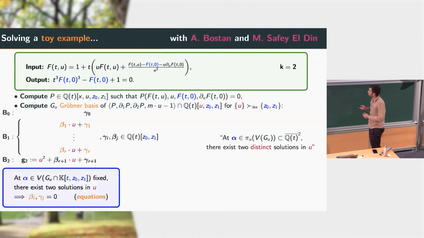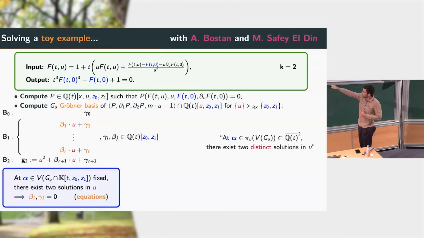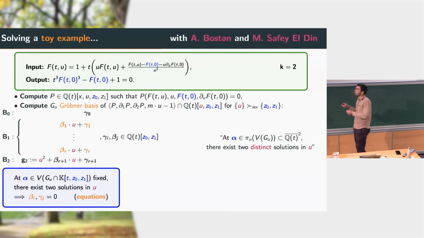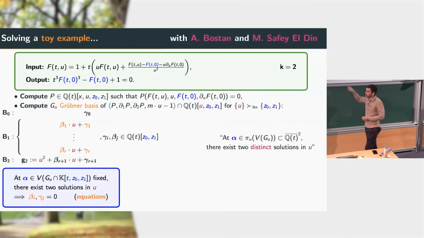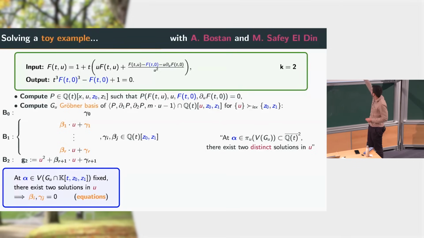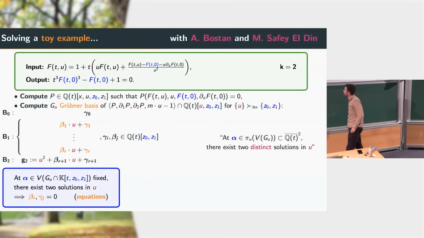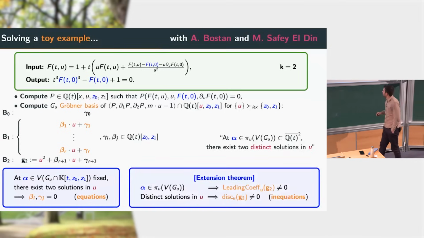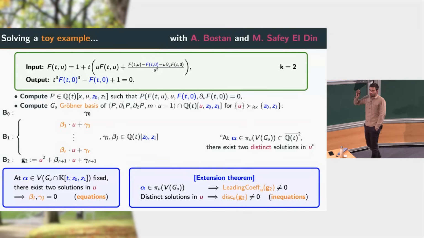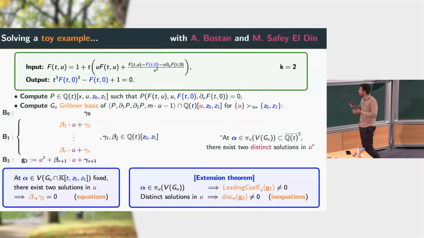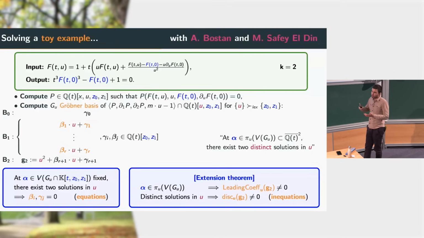So what I am saying is that all the orange polynomials, beta i and gamma j, should be added to the initial generating set GU. So you force them to be 0 at the point of the projection. It's a necessary condition. Now, I told you about some Zariski closure properties when you project and when you eliminate variables.